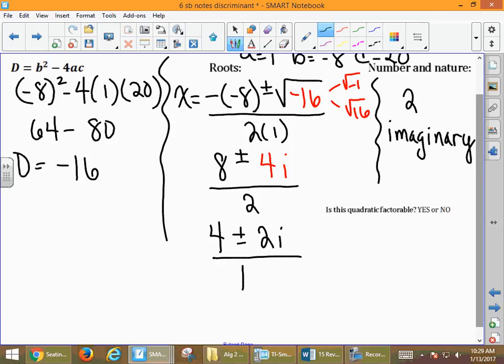When we get an imaginary for our x-intercept, is our function factorable? No. You should start thinking about, and I hope it's not going to be memorized, but you may have to memorize some of that.